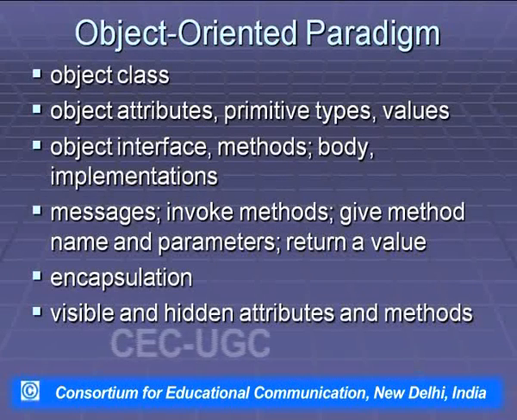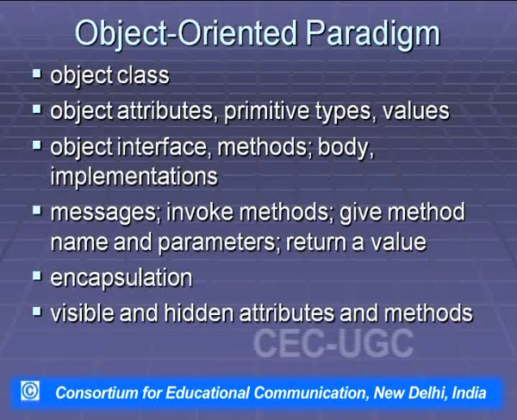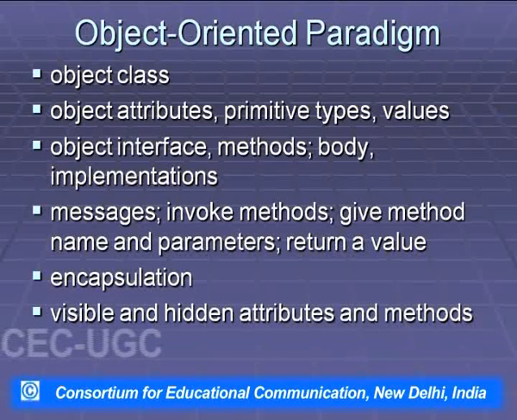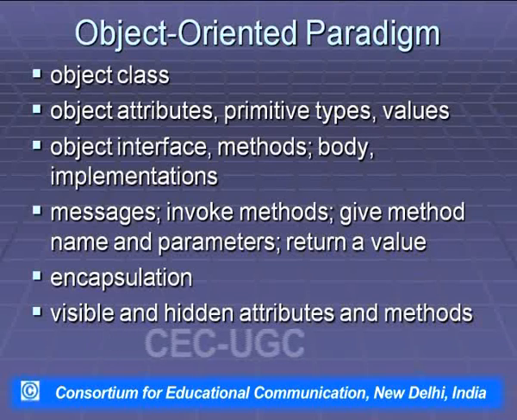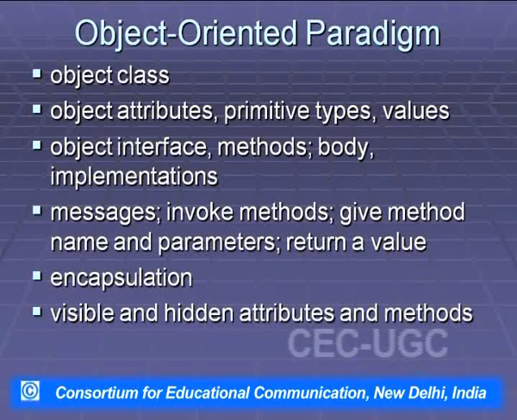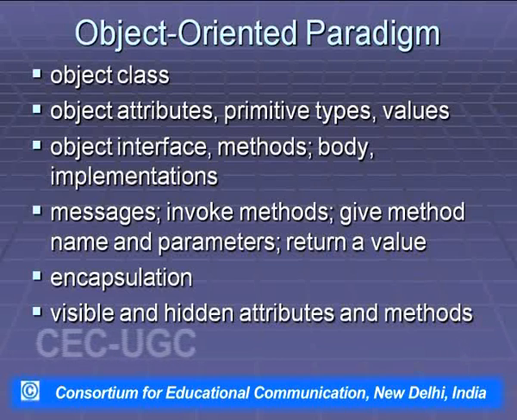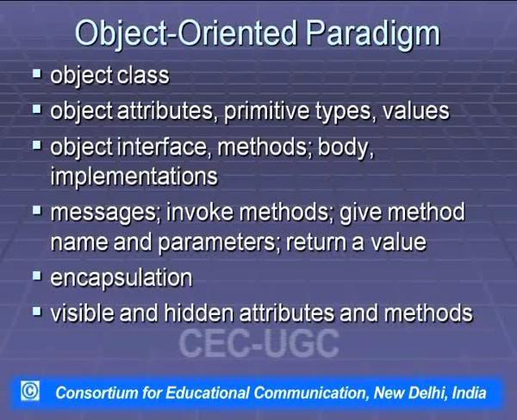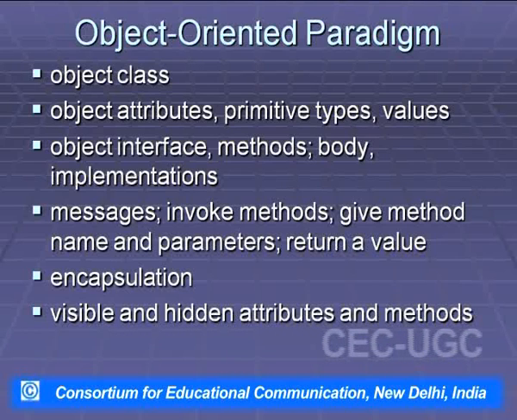Object oriented paradigm. Now in the object oriented paradigm, the object class is a very important thing. Object attributes are going to be there, primitive types, values. Object interface, the methods, body, implementations.